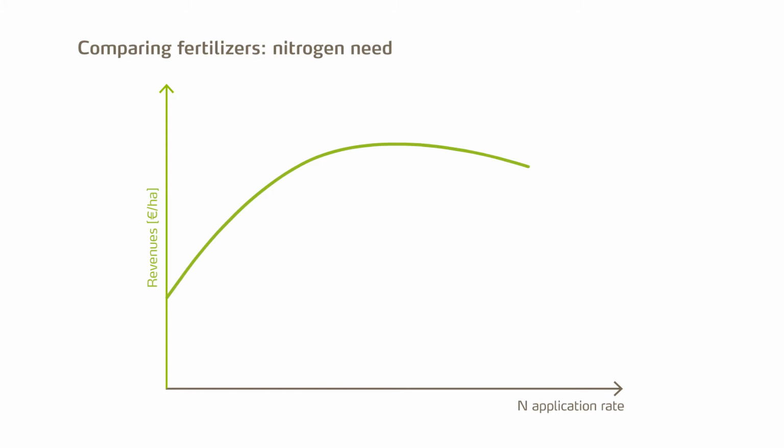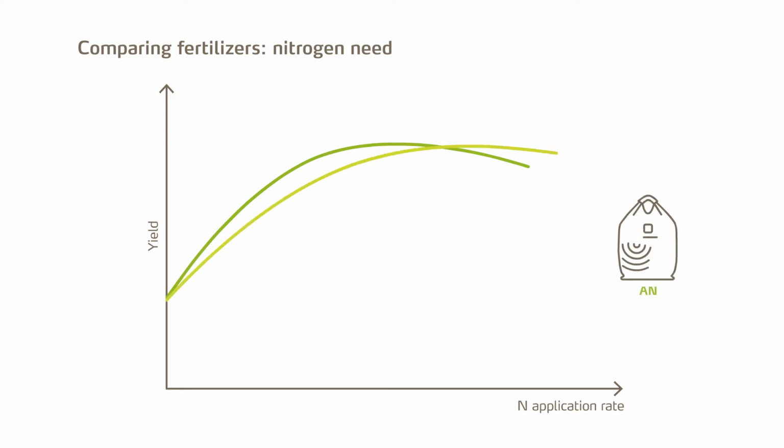When comparing the impact of different parameters such as nitrogen form on yield and returns, we have to compare the corresponding response curves. Let's assume the dark green curve corresponds to ammonium nitrate, and the light green curve corresponds to urea. The same yield can be achieved with both fertilizers in this example.